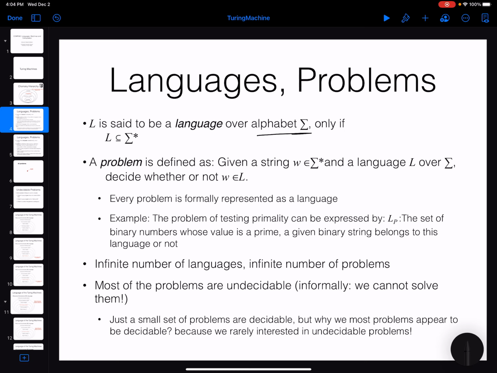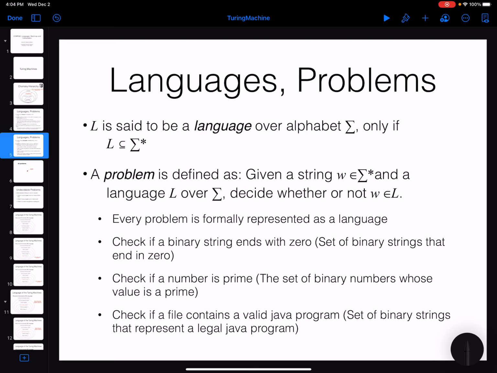Some examples of a problem. As I said, every problem is going to be formally represented as a language. Some of the problems which are interesting for us, for example, we check if a binary string ends with a 0.